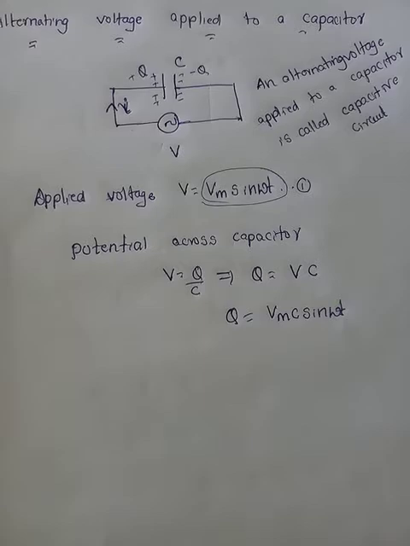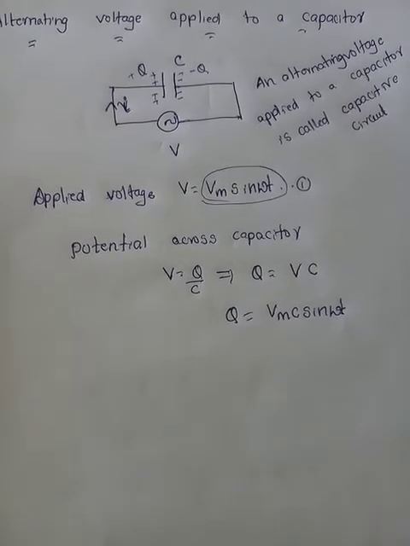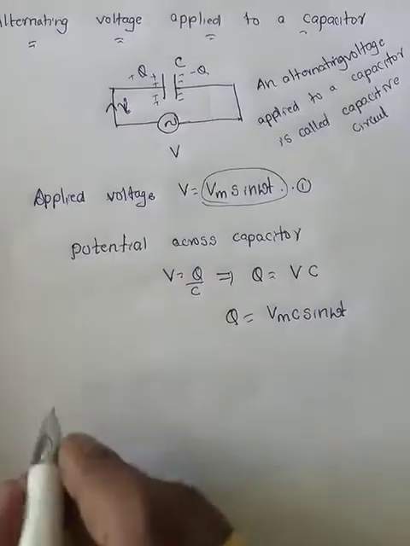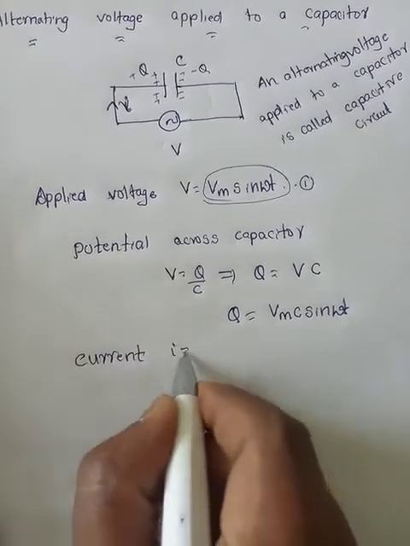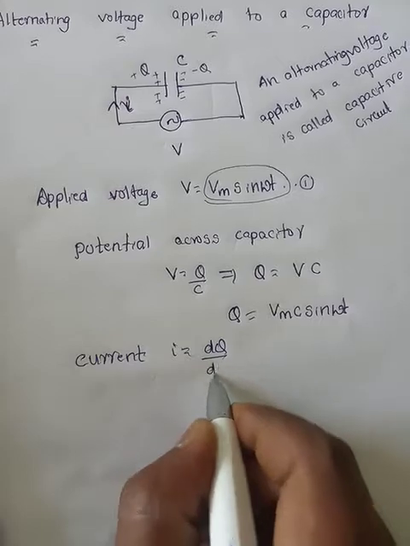I want to calculate current. We know very well that the rate of flow of charge is called current. So current I is equal to dq by dt.